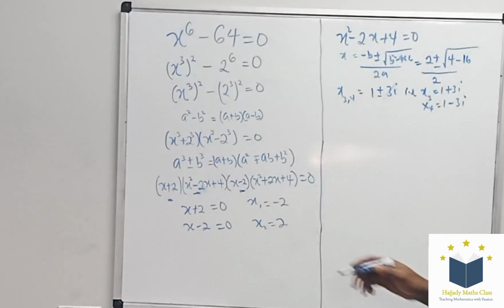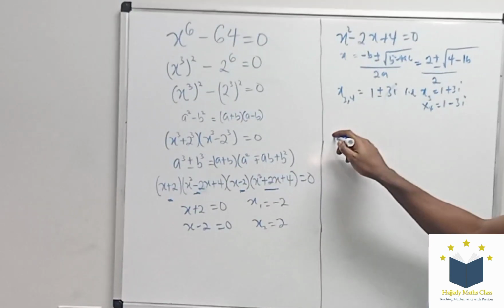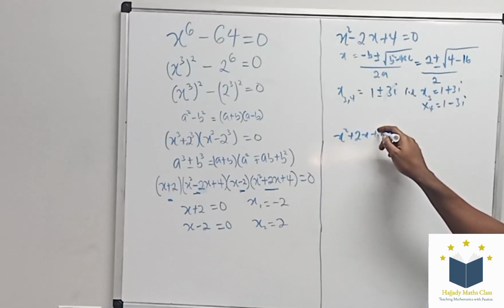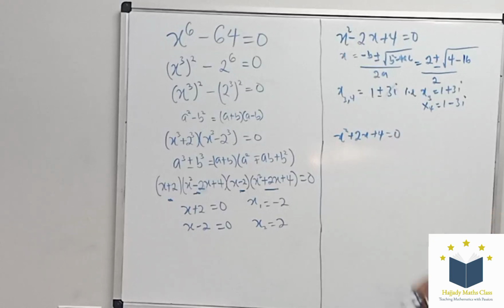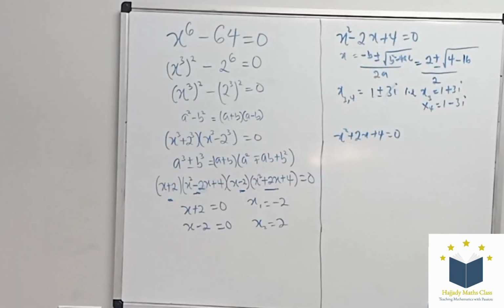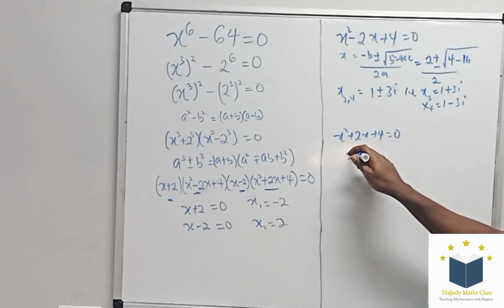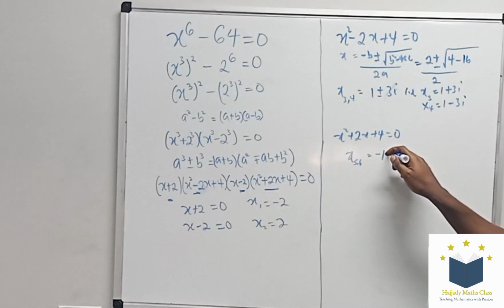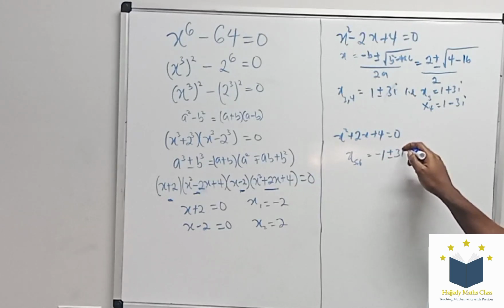And for the last one, which is this, so I have x squared plus 2x plus 4 equals 0. Using the same rule I used, which is the quadratic formula, I'm going to have my x5, x6 to be what? Negative 1 plus or minus 3i.